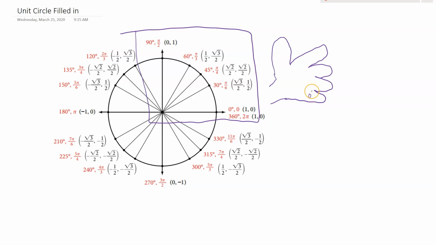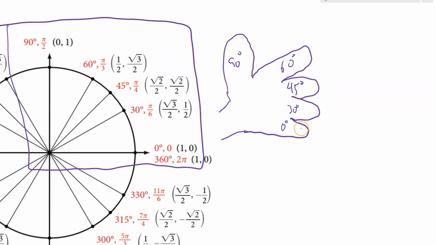0 degrees, 30 degrees, 45, 60 degrees, 90 degrees. So we have just 5 values we're concerned with, and each of these values are going to be ordered pairs, x's and y's. And remember, cosine is x and sine is y.